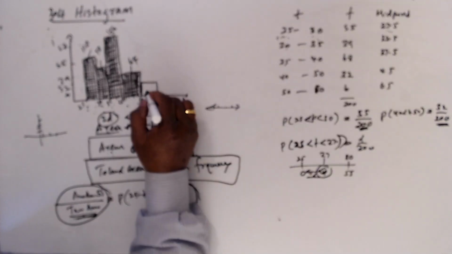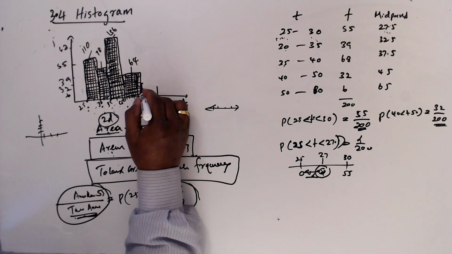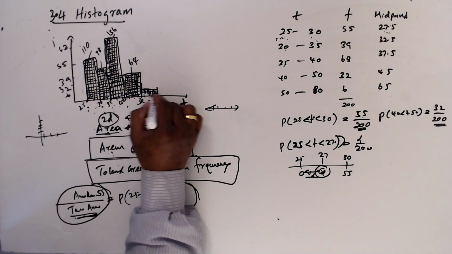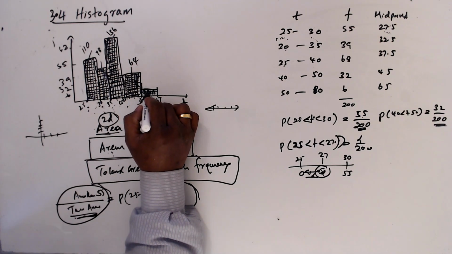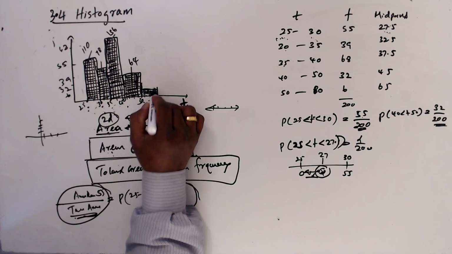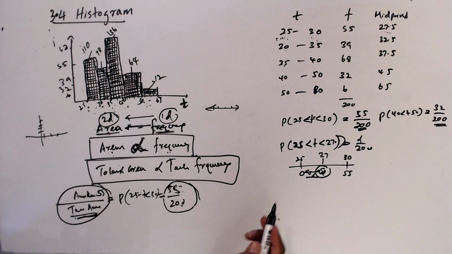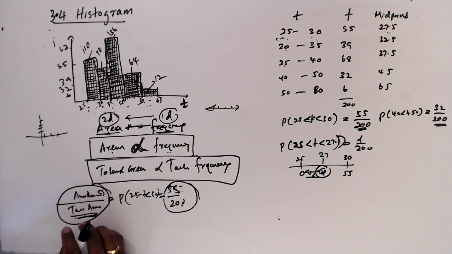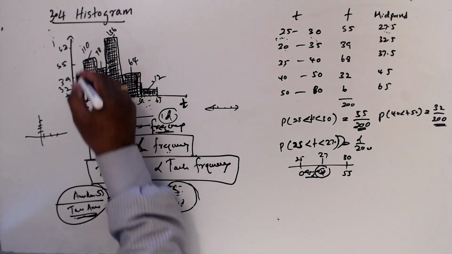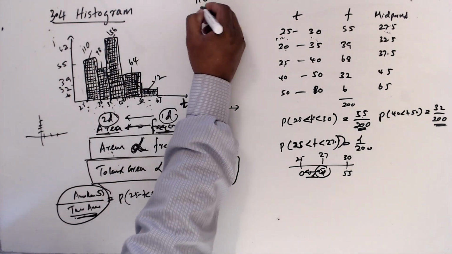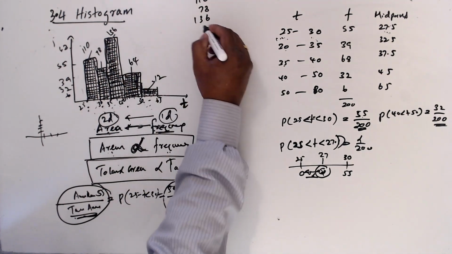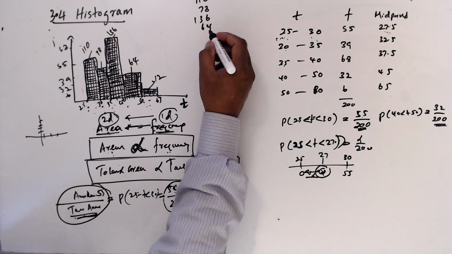Now I start from here, and there are 12 boxes here. So I have turned this graph into small boxes. Now I count the number of boxes. What is the total number of boxes? 110, 78, 136, 64, and 12.